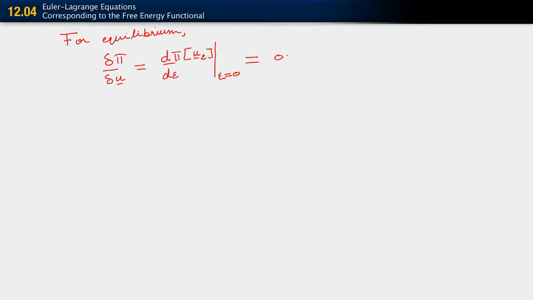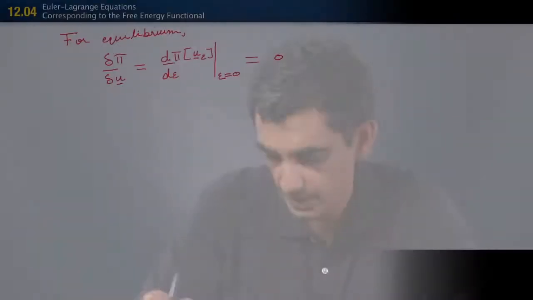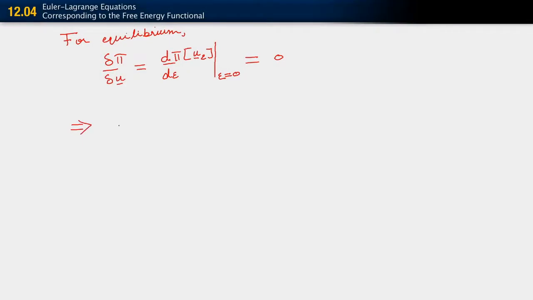All right. So this is the condition we have, and what we will do now is just go ahead and apply it. So let's first calculate this. What this implies is that we have d/d epsilon of pi evaluated at u sub epsilon. It is d/d epsilon applied to this entire integral, or rather to the sum of integrals.